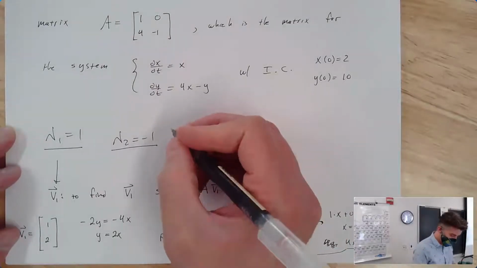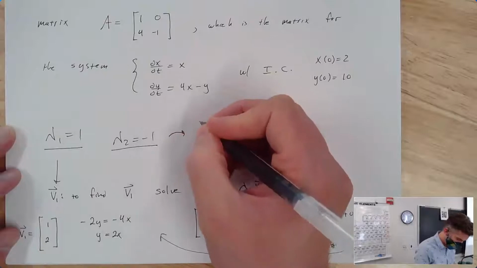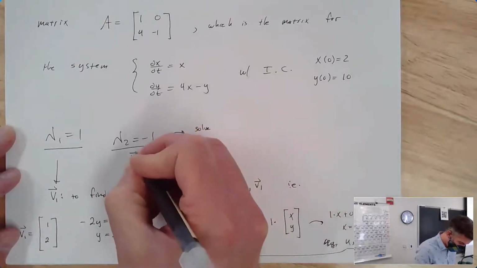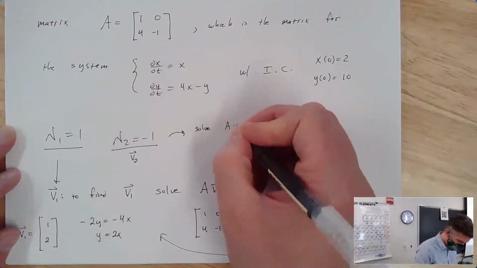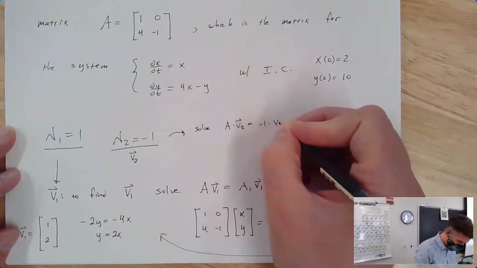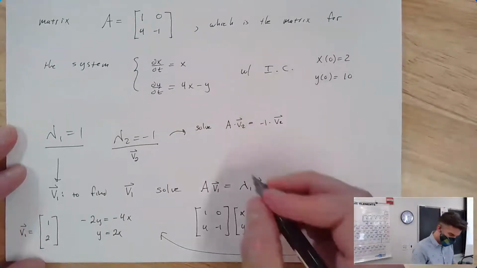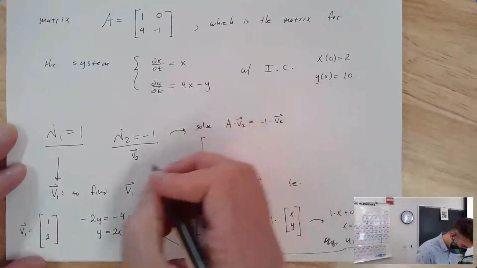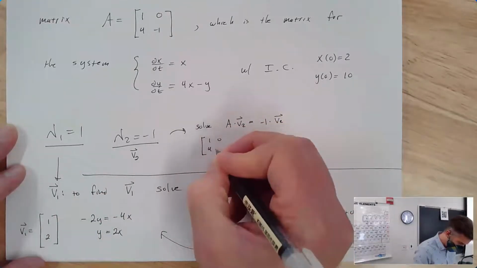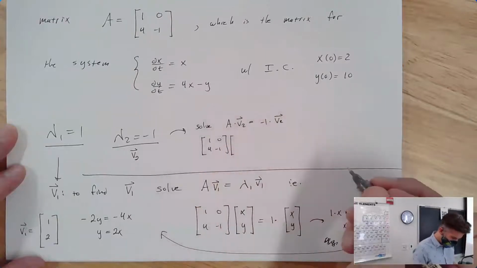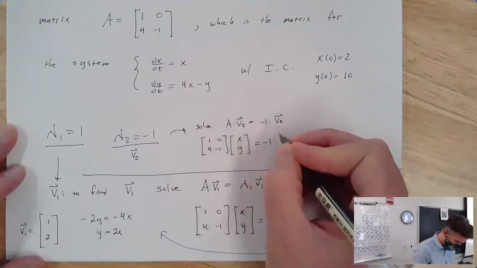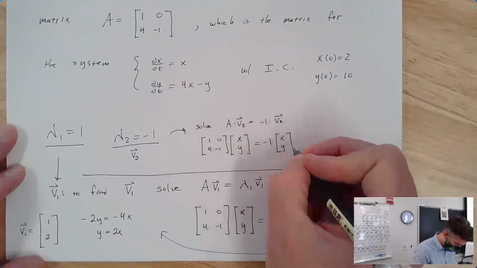For lambda equal to -1, let's find the eigenvector. We're going to call this eigenvector V2, and we're going to solve A times V2 equal to -1 times V2. So that's going to be the same matrix 1, 0, 4, -1 times the eigenvector, which we're trying to find, equal to -1 times the eigenvector that we're trying to find.